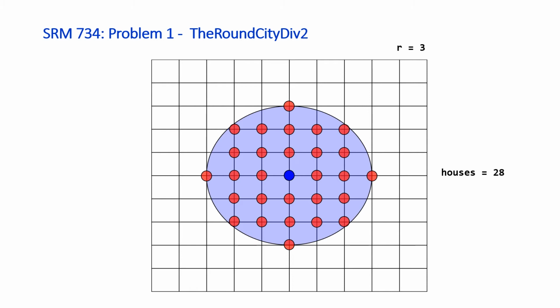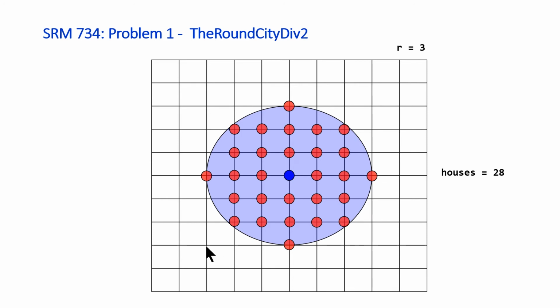So the question's asking, given r, how many houses are we going to have? The algorithm that we are going to use is very simple. We can brute force check each pair of coordinates to see whether or not they lie in our circle, because we know that at most r is going to be 100, which means that a quadratic algorithm of checking each pair of points will easily run in the time limit.